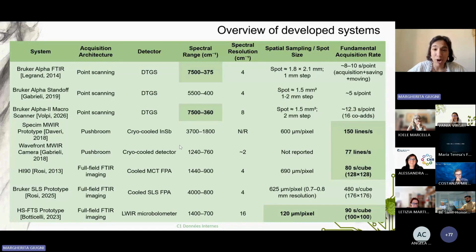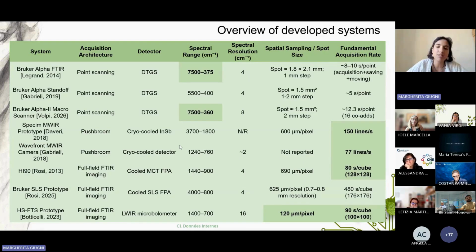So this is a broad overview of all the systems that were developed in these last 15 years. And they can broadly be classified in 3 acquisition architectures: point scanning, push broom systems, and full field imagers. None of these systems is simultaneously maximizing all the characteristics that I've listed above, as you can see, but each one is representing a compromise.